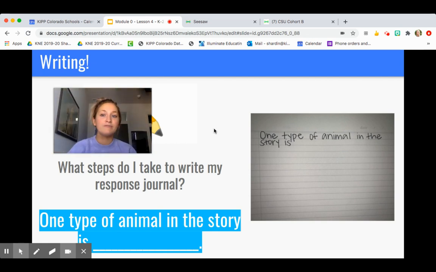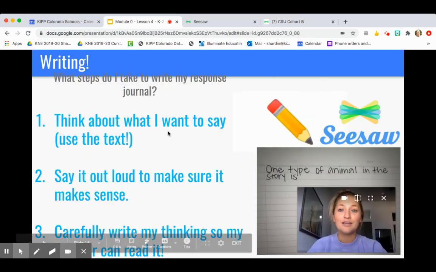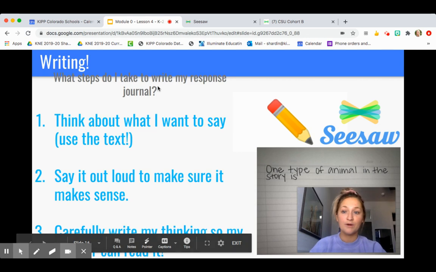Now that I'm done with my writing, I'm going to go back and read it one more time just to double check that it makes sense. One type of animal in the story is pandas. Okay, perfect. My sentence makes sense when I read it out loud, and it answers the question about what one type of animal in that book is. Now that I've shared my writing with you, I want you to think about the steps that I took to write my response.